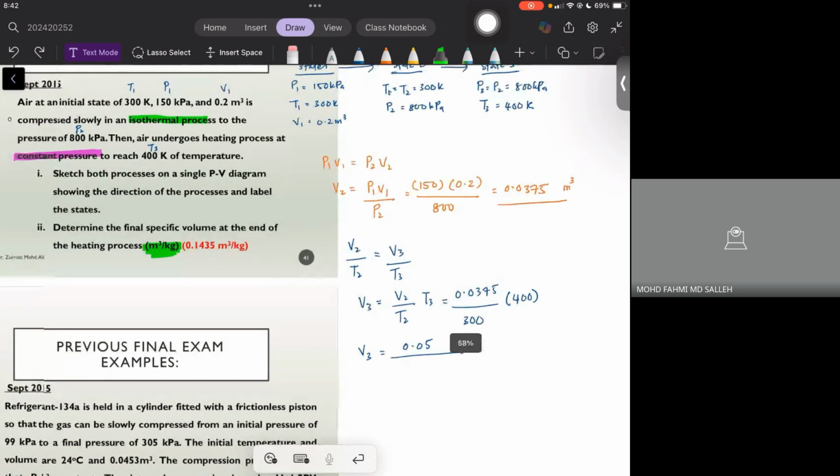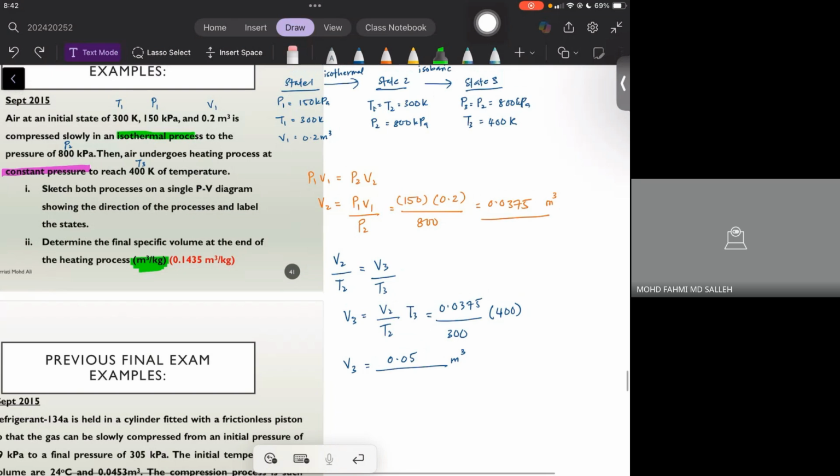Since we don't have the value for the mass given by the question, but we have all the data required, especially for state 1, by using the ideal gas equation of state, P1 V1 equal to mR T1, we can find the mass.